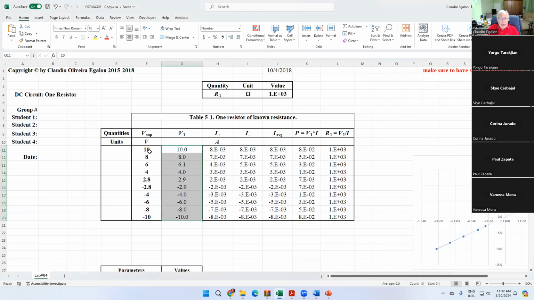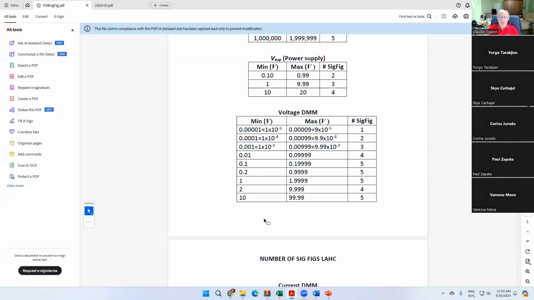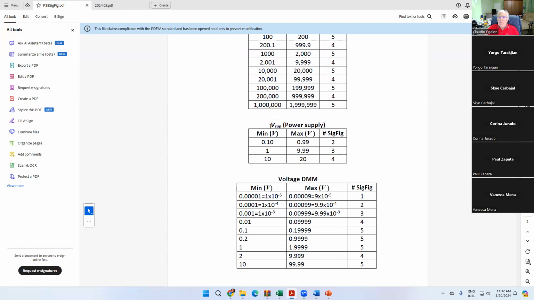And by the way, here, you must also worry about the significant digits, okay? VSUP, for the power supply, you are going to have to display the right number of significant digits depending on the value that you get for VSUP.